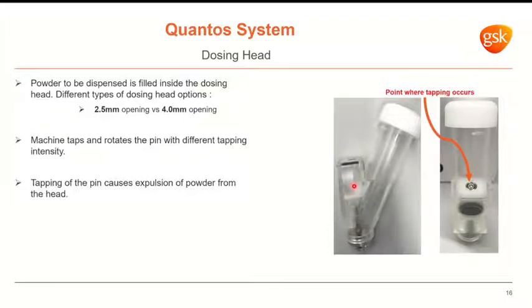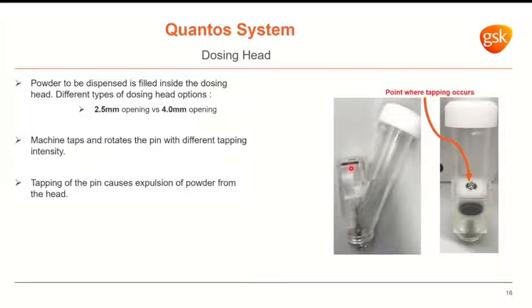You can see that there is a pin over here that protrudes all the way from this head down to the bottom of this dosing head. So the result of tapping is that this pin is going to be expelled from the dosing head at the bottom, and that is going to result in the creation of a small hole at the bottom, and the result will be the expulsion of powder from the head.